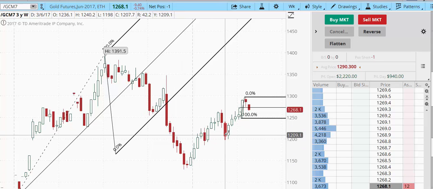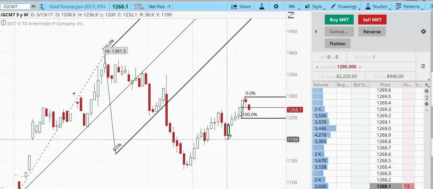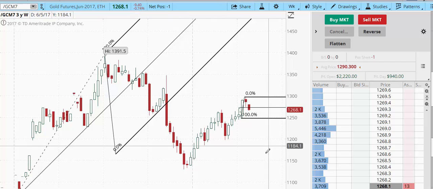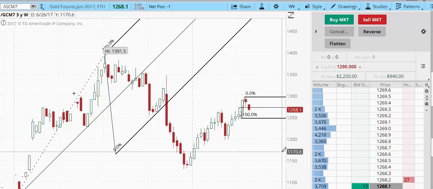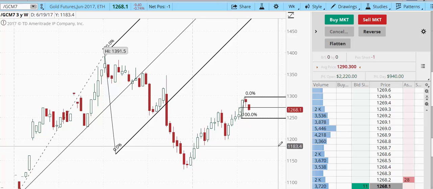Okay. Now, so here, if you draw your lines in, as you would have back here, your target's going to come out down here somewhere. Now, is that a hard, fast target? Heck no. That's just for my entertainment, so to speak. Because I don't want to psychologically set myself up for failure.